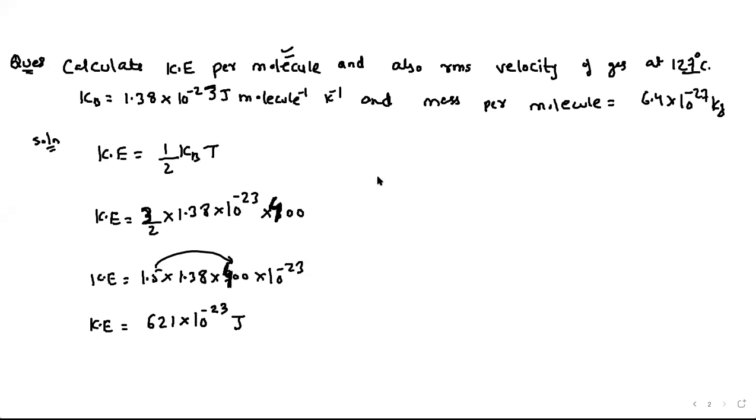I have to calculate it again. 1.5 multiplied by 1.38 multiplied by 400 is 828. So it's 828 into 10 raised to the power minus 23.